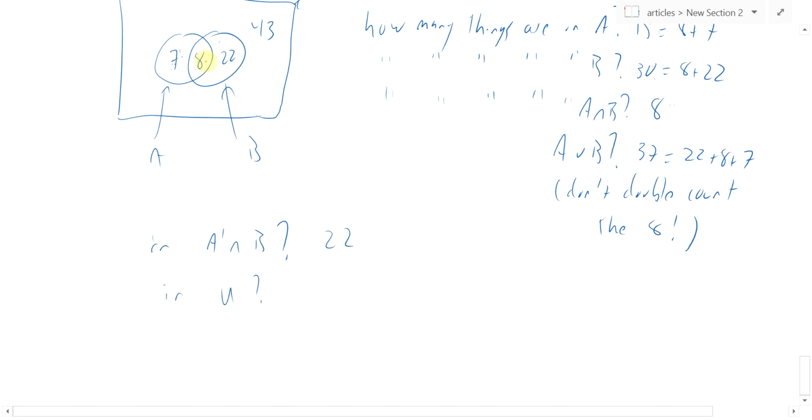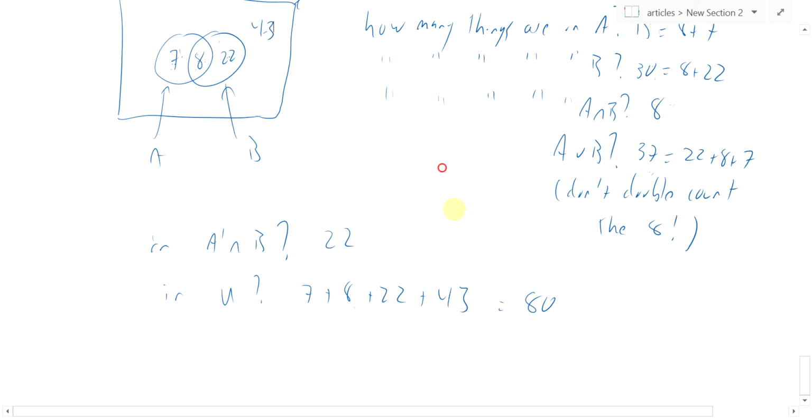Well, that's 7 plus 8 plus 22 plus 43. We already know 7 plus 8 plus 22 is 37, so that's 37 plus 43 is 80. So we have 80 things total. 7 of them are in A, but not in B. 8 of them are in A and B at the same time, 22 are in B but not in A, and 43 are neither in A nor B.